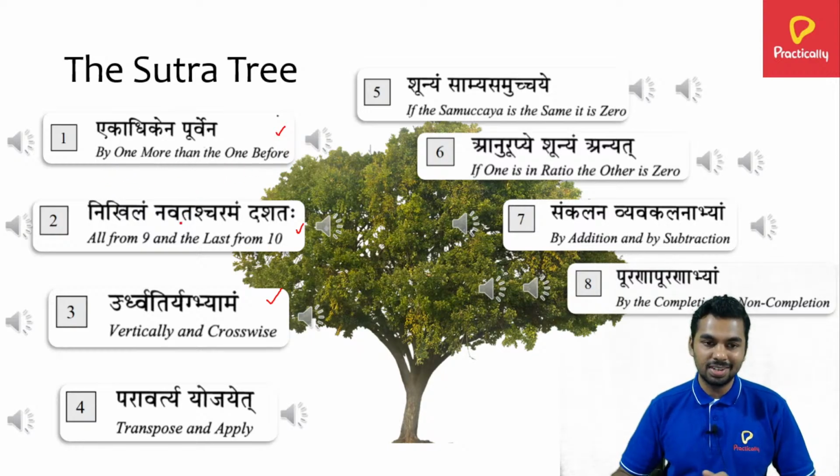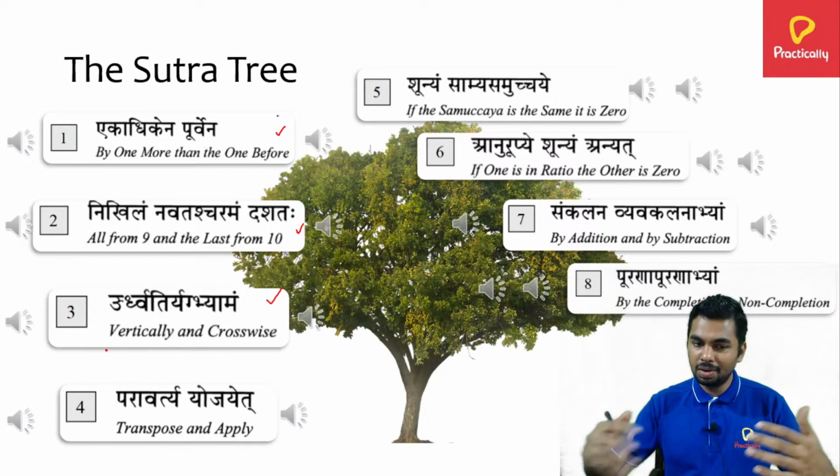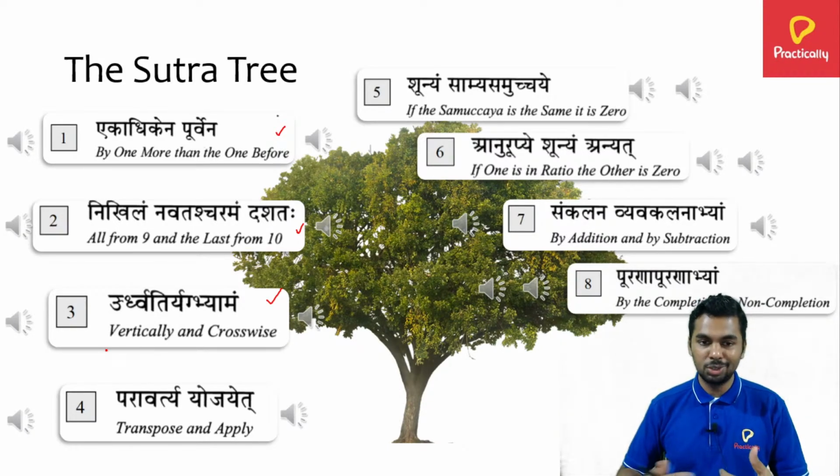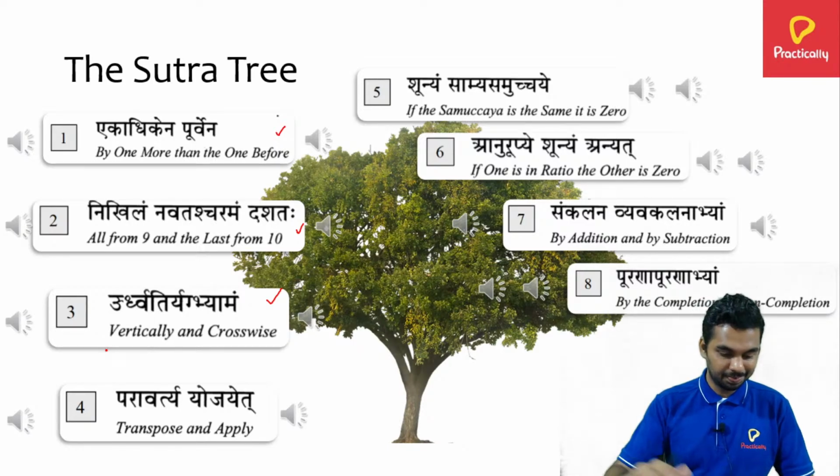At least the English ones are easier. The second sutra: all from 9 and the last from 10. The third one, maybe you can sing in your own way, vertically and crosswise. You can repeat it more than once and make it a jingle of your choice so that you recall it when it is required. All right.